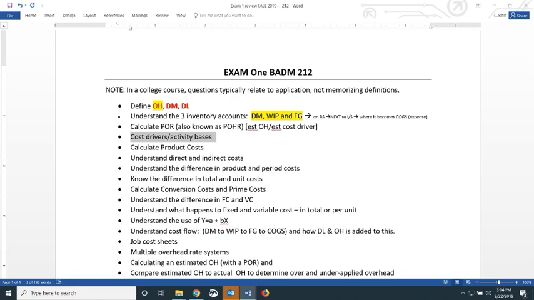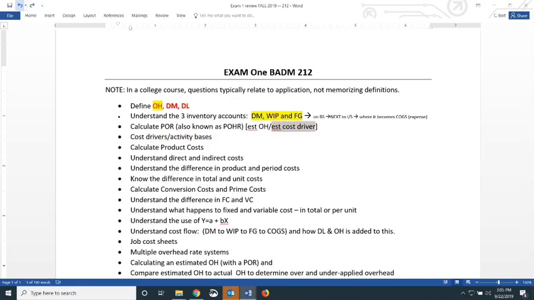Or you might have machinery that you want to allocate the overhead associated with that machinery. Think about Tesla. And they may track how many hours the machinery runs. And so that's your activity base or cost driver. They're the same thing. But remember that this is where the cost driver comes from. So this term right here is what we're talking about in this respect, and that's something that's going to be given to you.